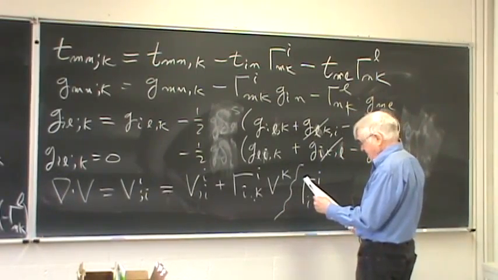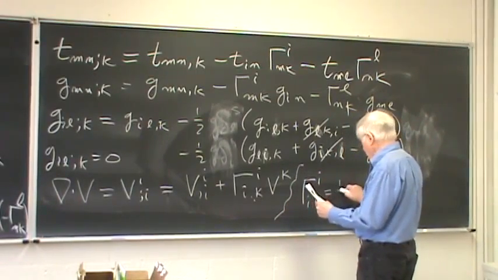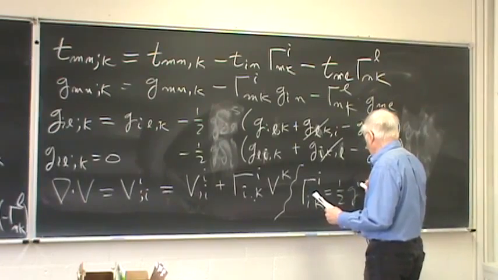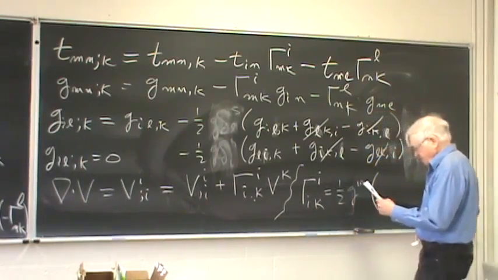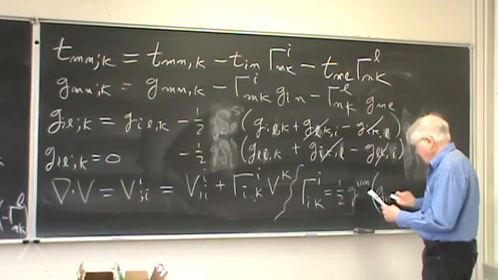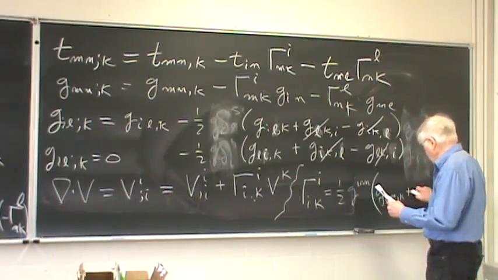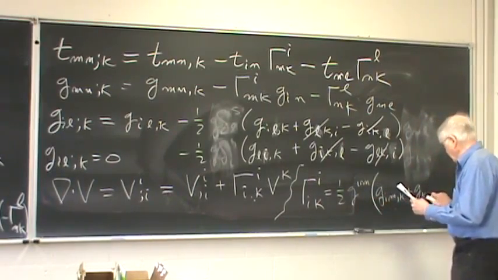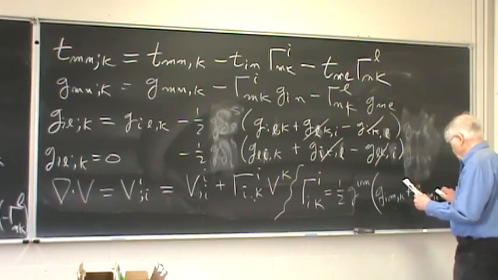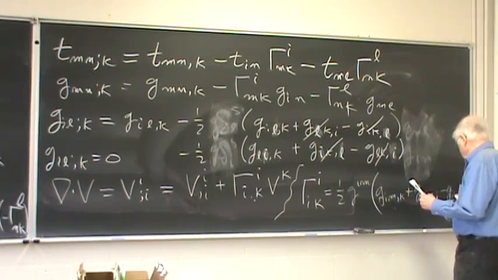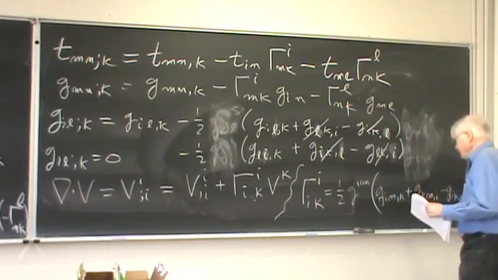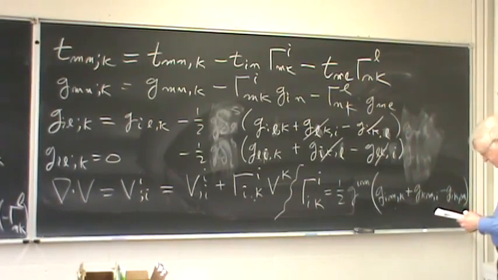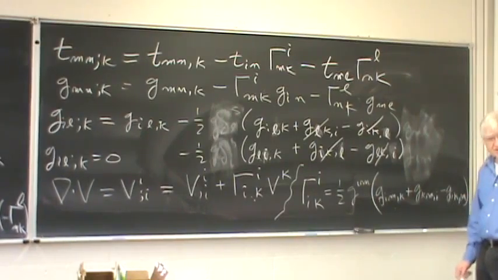We already have our formula for what gamma actually is, and we use that formula over here. So we get that gamma^I_IK is equal to a half G^IM times (G_IM comma K plus G_KM comma I minus G_IK comma M). Okay, so that's our formula. And in fact, these last two terms cancel.